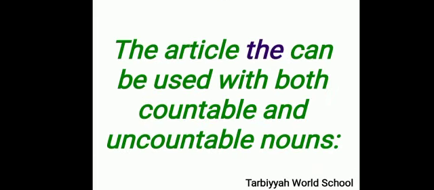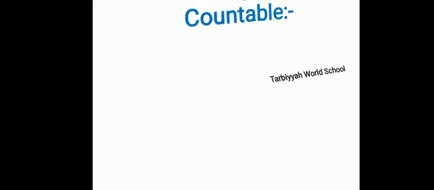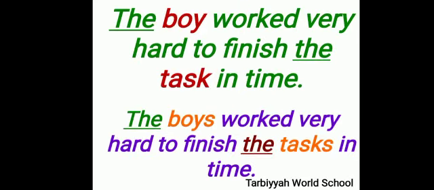Now see, the article the can be used with both countable and uncountable nouns. For example, of countable: the boy worked very hard to finish the task in time. So the boy means we are talking about a particular boy, so we put the before it, and the task is a particular task.